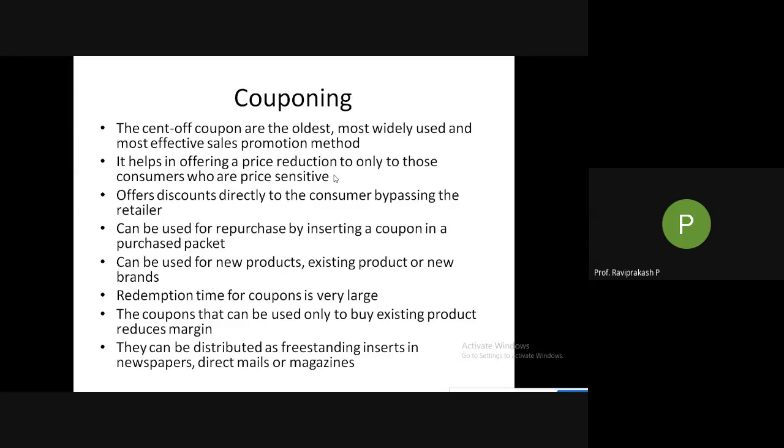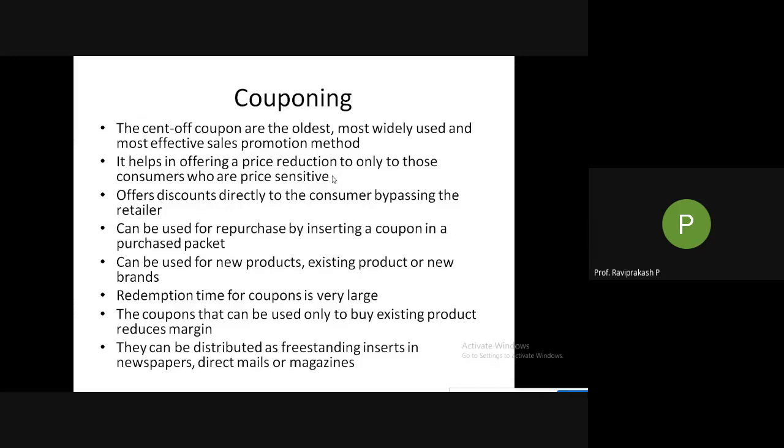Then, coupons offer discounts directly to the consumer, bypassing the retailer. Many times you need to bribe the retailer, stating that so much discount is given to you also, to keep or sell your product. Here we are bypassing those retailers or resellers, and the discount is given directly to the consumer. Sometimes on the product it is written that a discount coupon is available, and you can redeem it on your next purchase.